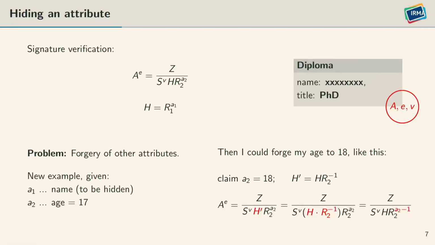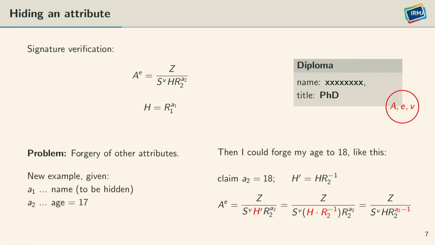So in my new example, I still have a name that I will hide, but the second attribute will be age 17.